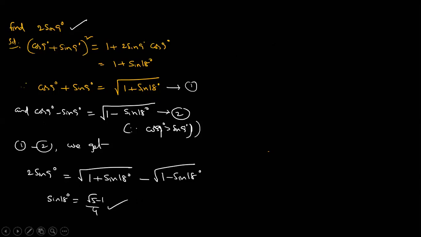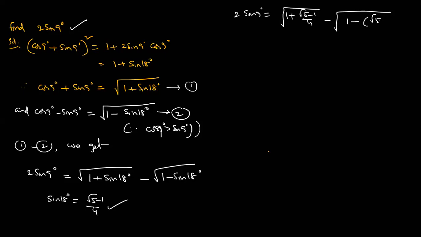So put this value. So 2 into sine 9 degrees is equal to root of 1 plus root 5 minus 1 by 4, minus root of 1 minus root 5 minus 1 by 4. Subtract means cosine cancels, we get 2 into sine 9, this one minus this one.